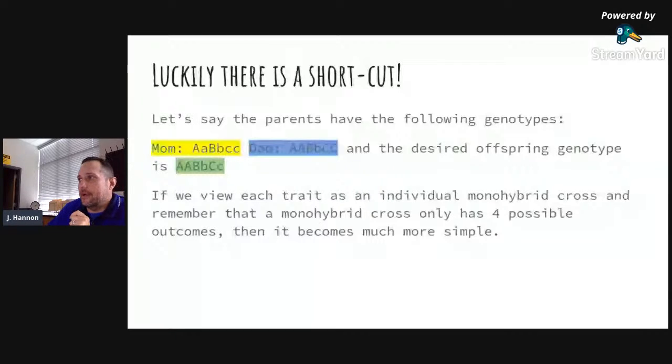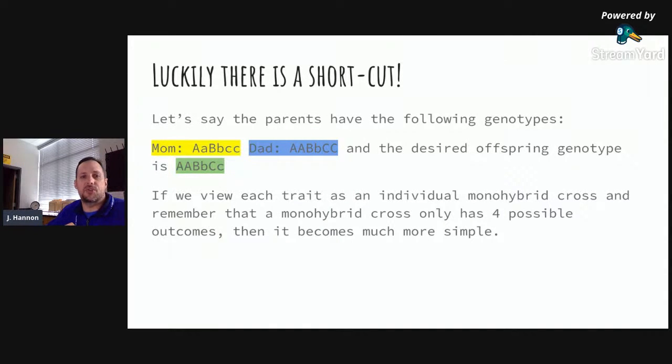It says, let's say the parents have the following genotypes. The mom is heterozygous for A, heterozygous for B, homozygous recessive for C. Dad is homozygous dominant for A, heterozygous for B, homozygous dominant for C. And we're looking for an offspring that is AA, homozygous dominant, capital B, lowercase b, heterozygous, capital C, lowercase c, heterozygous.